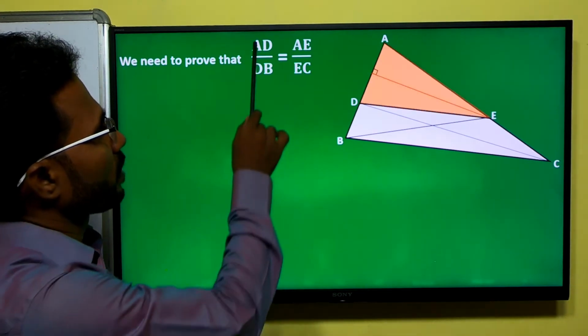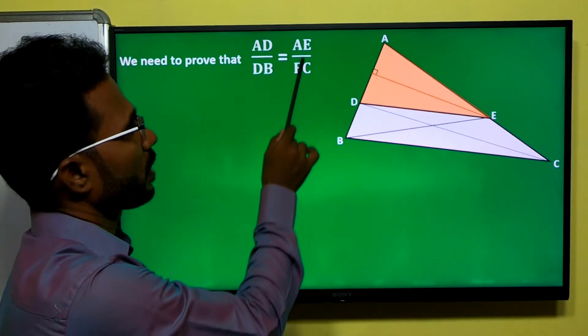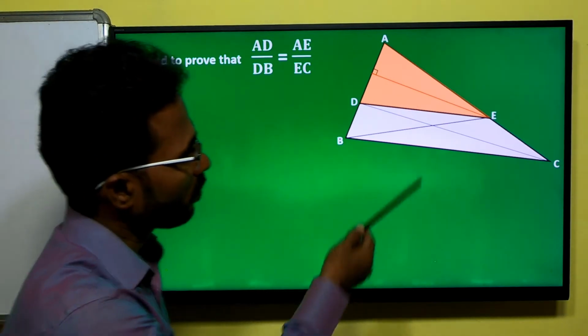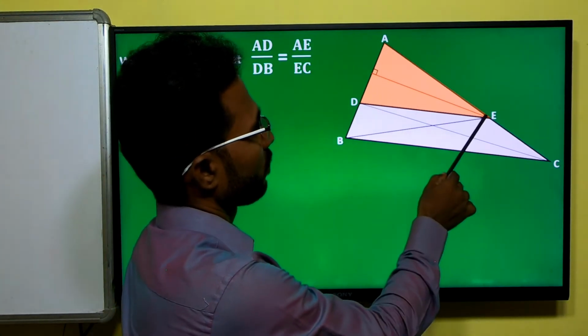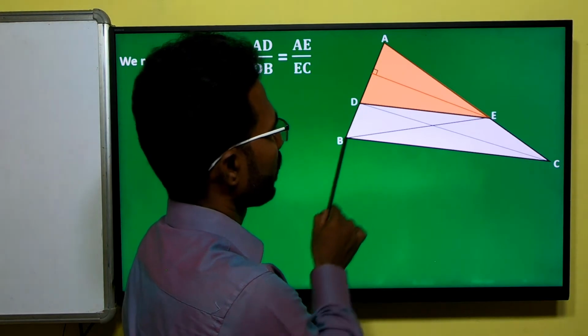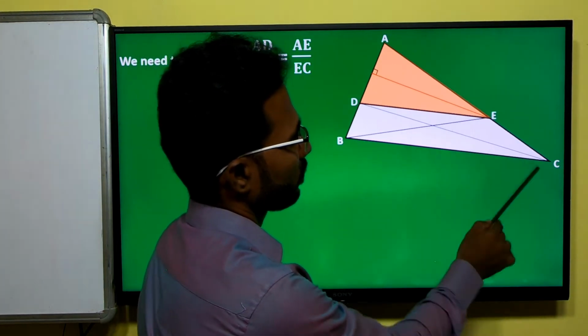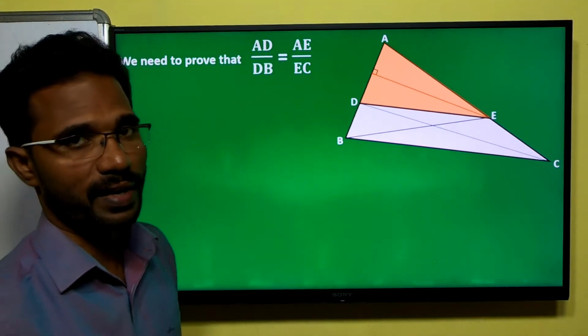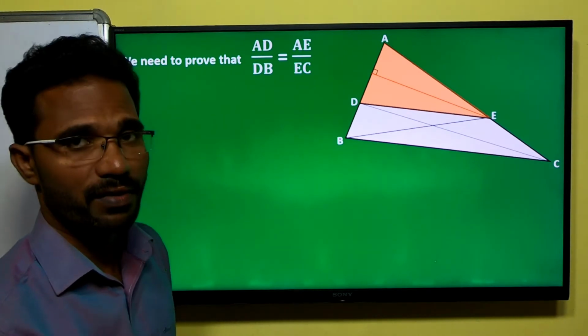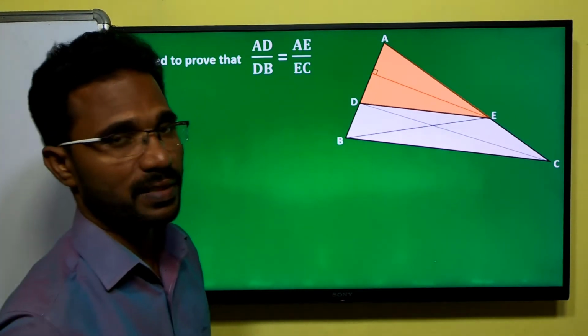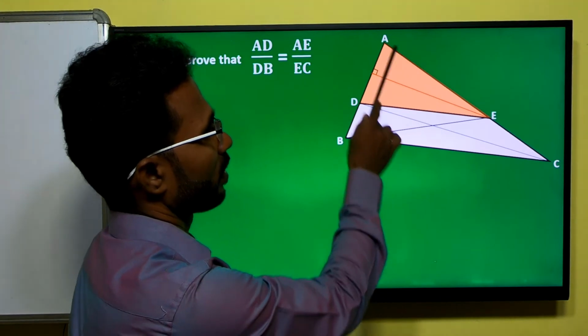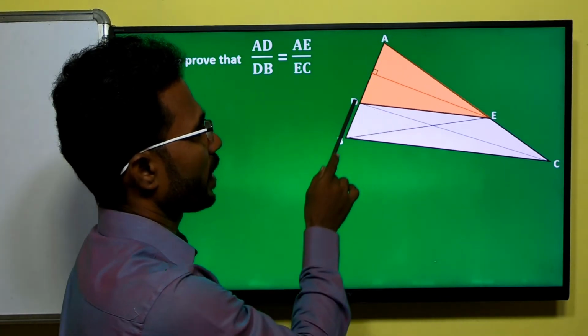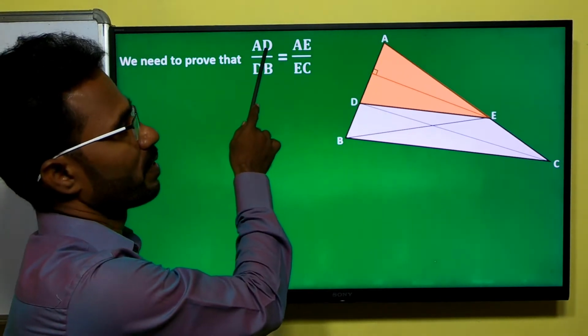So here AD, DB, AE, EC, what is this? There are so many triangles here. We are going to take 4 triangles here, and for each triangle we are going to consider a base. For example, for this triangle we are going to consider AD as the base.